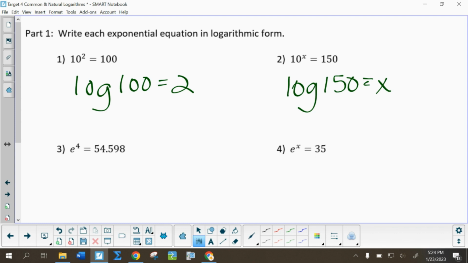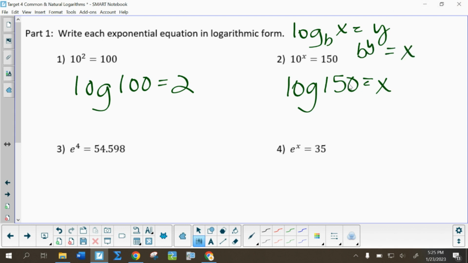So let me remind you, in case you've forgotten, that when you have log base b of x equals y, the equivalent exponential form is b to the y equals x.